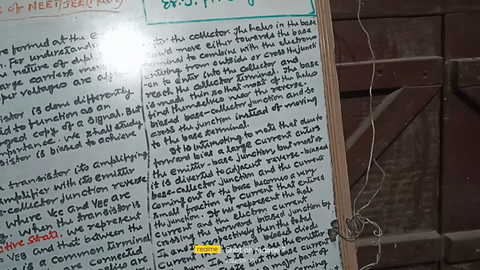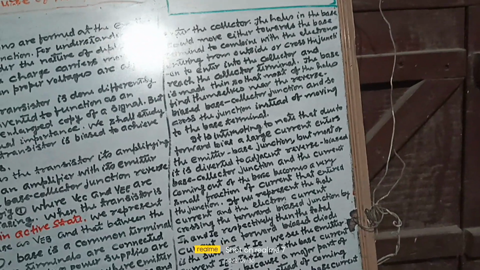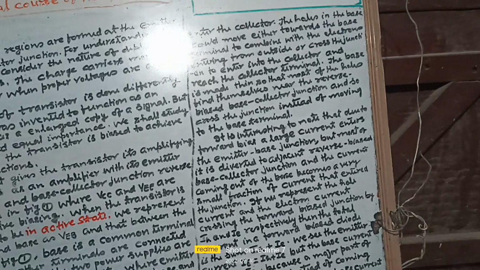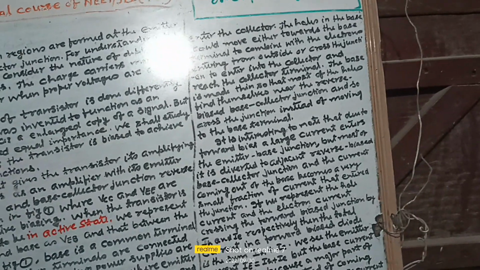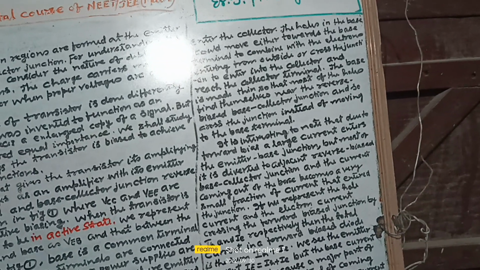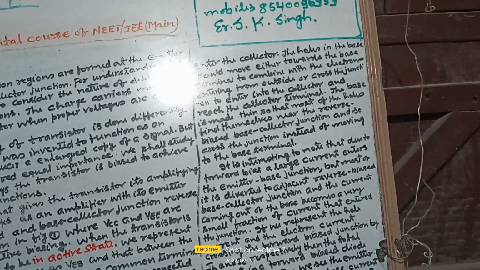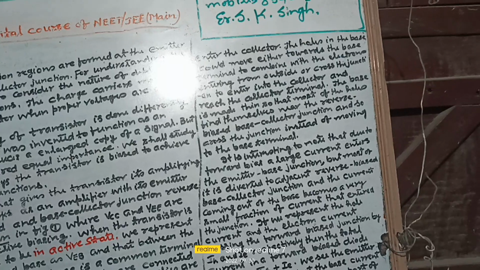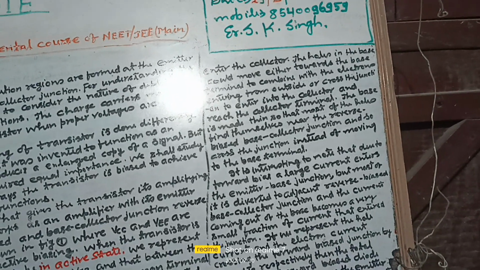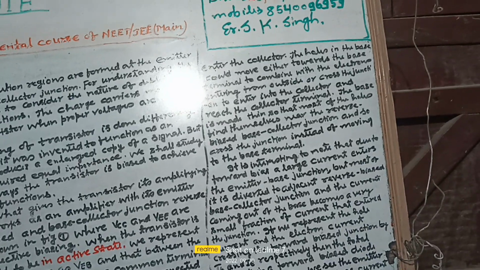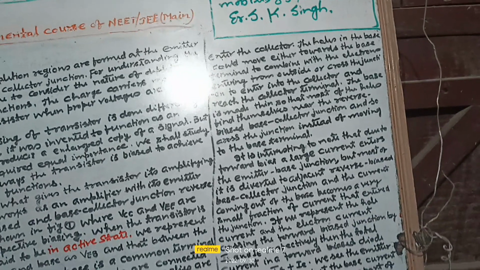The holes in the base could move either towards the base terminal to combine with the electrons entering from outside or cross the junction to enter into the collector and reach the collector terminal. The base is made thin so that most of the holes find themselves near the reverse biased base collector junction and so cross the junction instead of moving to the base terminal.